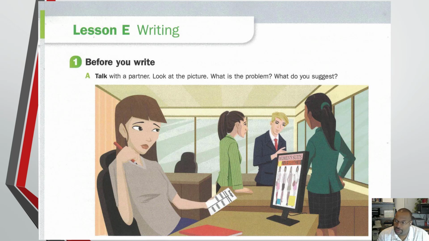She could save her money to buy a suit. That's what I think. She could save her money to buy a suit to look professional in the office. Alright, let's move on. That's what I see.